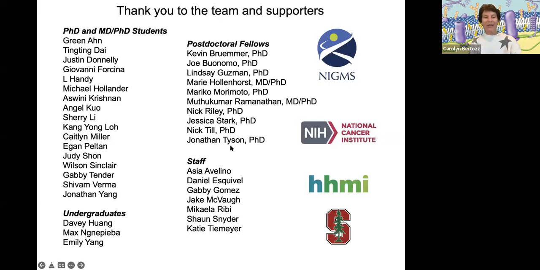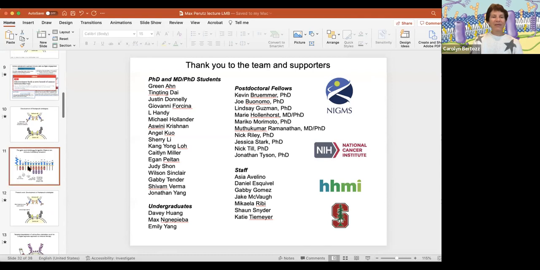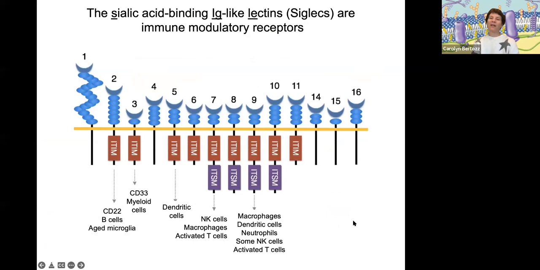And evolution is a funny thing, isn't it? I didn't go through the details here, but if you'll indulge me, I'm going to share my screen one more time and go back to show you the family of Siglecs. I mentioned that many members of the family have signaling domains that deliver inhibitory signals, like this ITIM, ITSM motif. But you can see that I've remained silent on other members of the family.